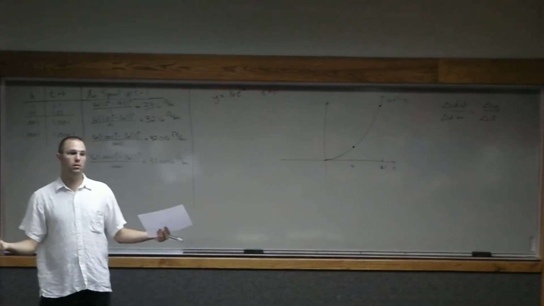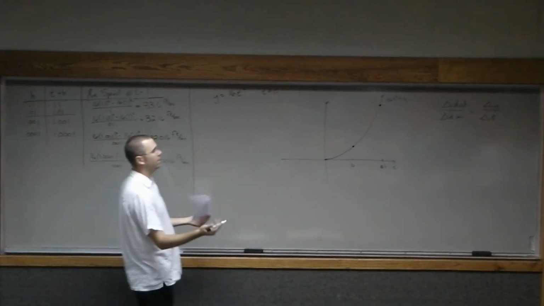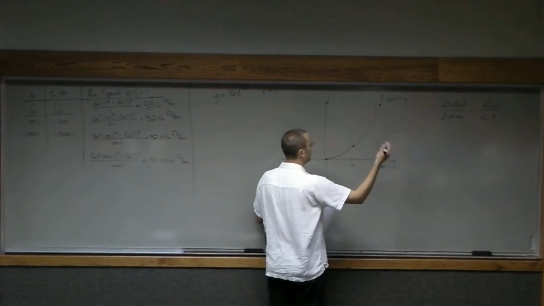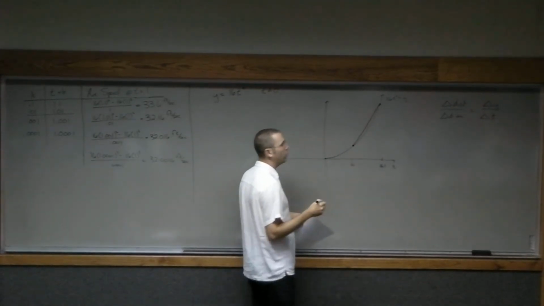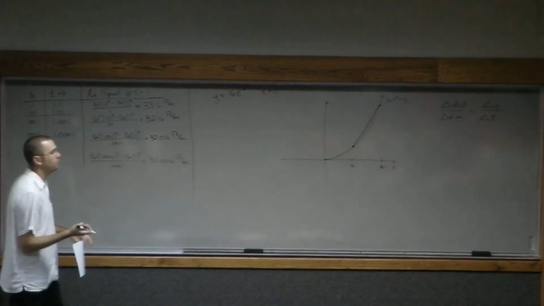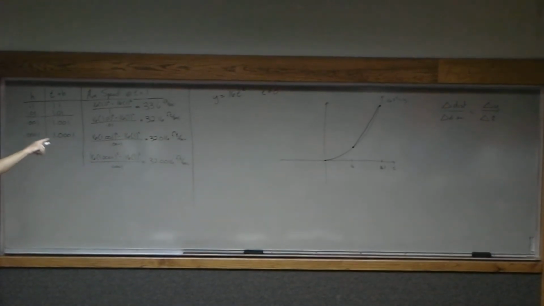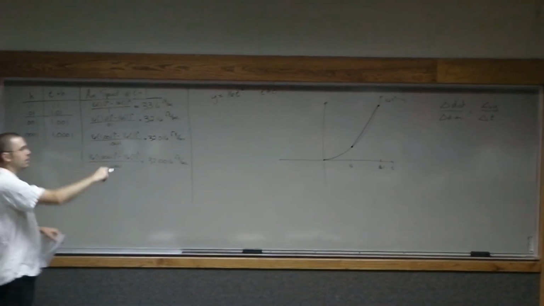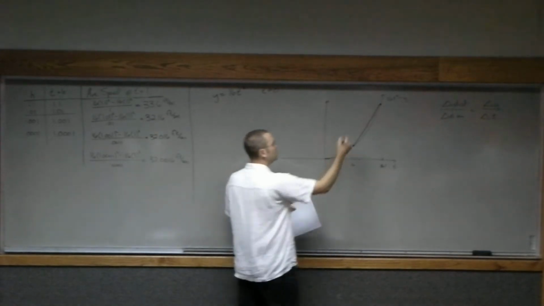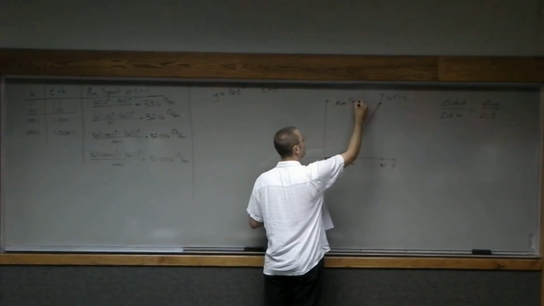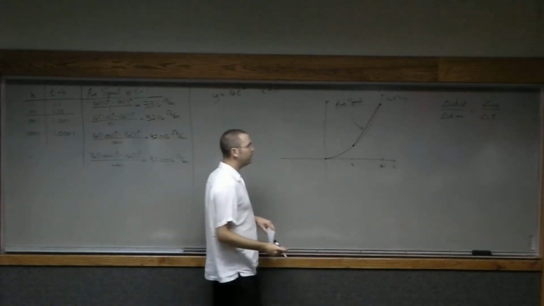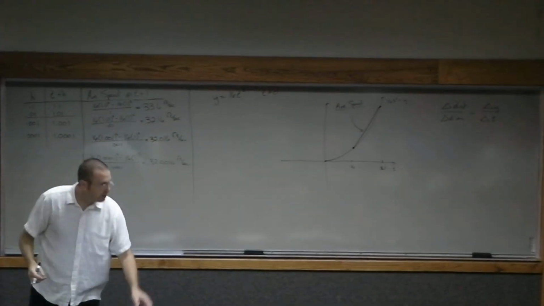Slope. Slope of what? Slope of a line, right? And not just any line, but the line that connects the two points that you're looking at. So this average speed that we've been calculating is actually calculating for us the slope of this line. The average speed is the slope of that line.